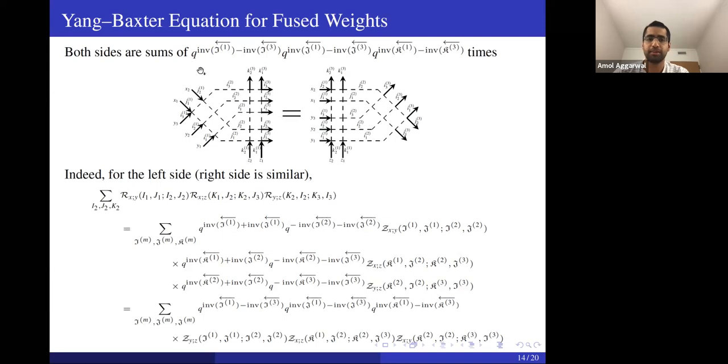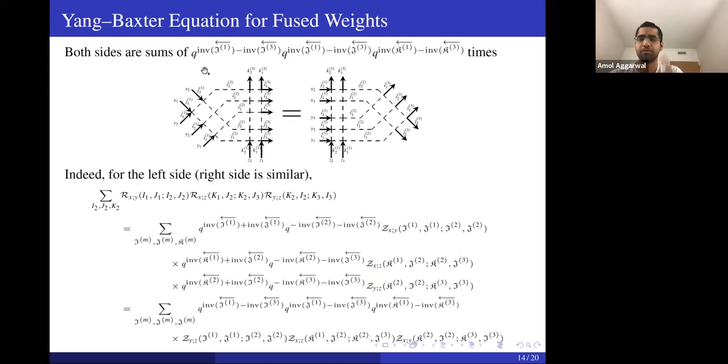So the point is that if I implement the sum, then what I get at the end is this power of Q times this left side over here, and then I sum over all possible boundary conditions that enter and exit through the left side.